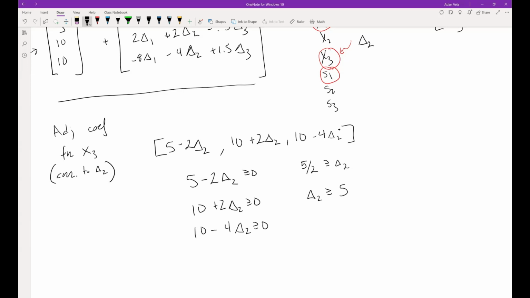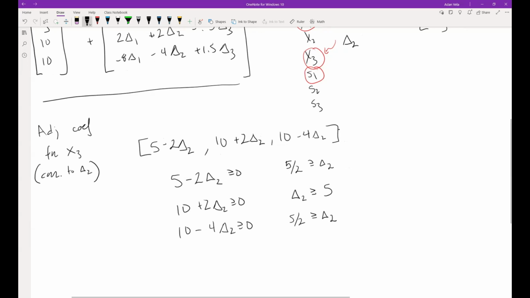And in this last case, if we move delta to the other side, 10/4 is 5/2 is greater than or equal to delta 2. All right, so all these have to be true at the same time in order for our optimal basic variables to remain the same.